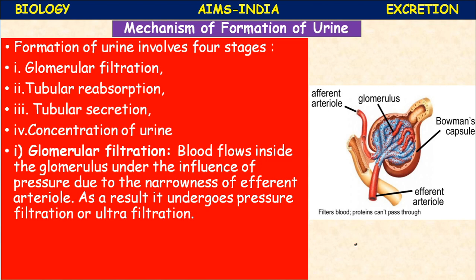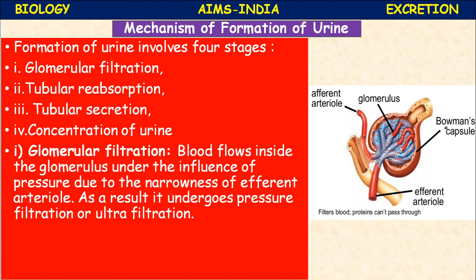The first one, renal artery, which divides into minute capillaries called afferent arteriole, which extends again, it forms the efferent arteriole. These are the capillaries. So the efferent arteriole plays very important role in the glomerular filtration. The blood flows from renal artery to glomerulus. Here see the figure. This is the glomerulus.